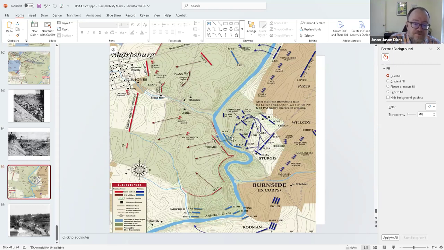Eventually, after 3 hours, the Union broke through the Glen. McClellan should have sent his reinforcements, but he didn't.